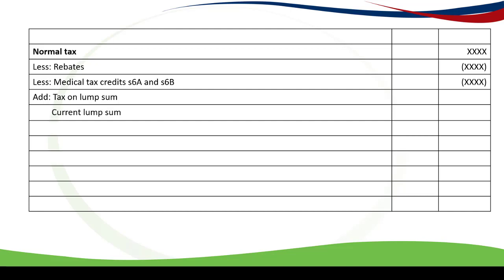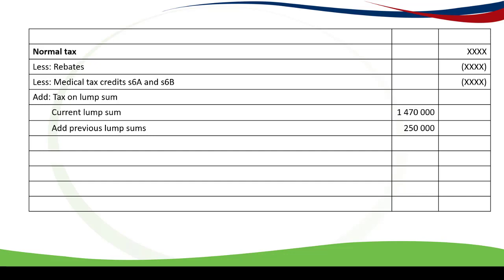But remember, it's a cumulative tax, so we need to take the current lump sum, which we've calculated at 1,470,000 rand, and to that we need to add any retirement lump sums, any withdrawal lump sums, or any severance benefits after the applicable dates. So in this case, there was a withdrawal benefit, and it was after the 1st of March 2009.